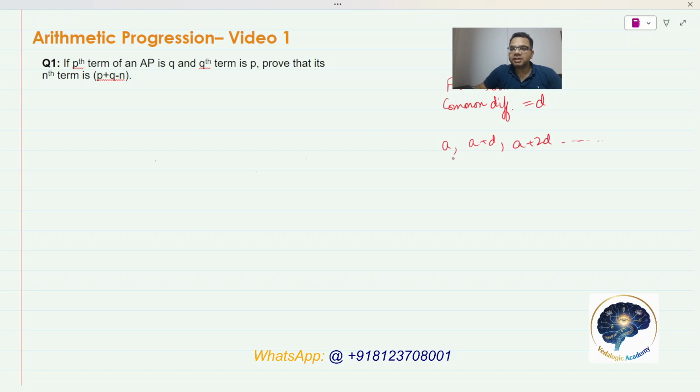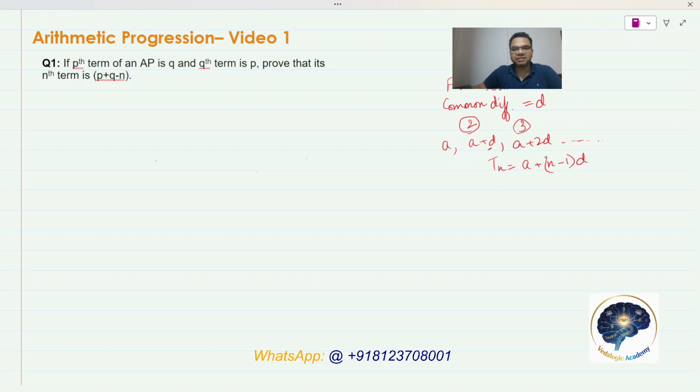So nth term, if you remember, is A plus... the second term is A plus 1 into D, the third term is A plus 2 into D. So that's why the nth term is A plus (n minus 1) into D.